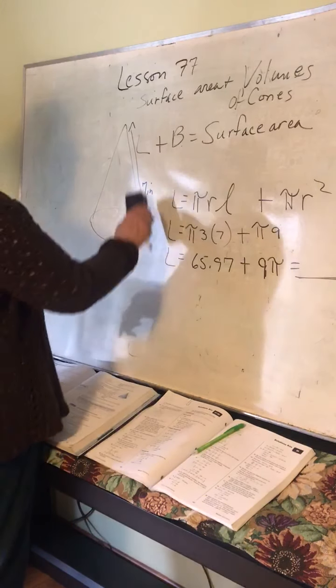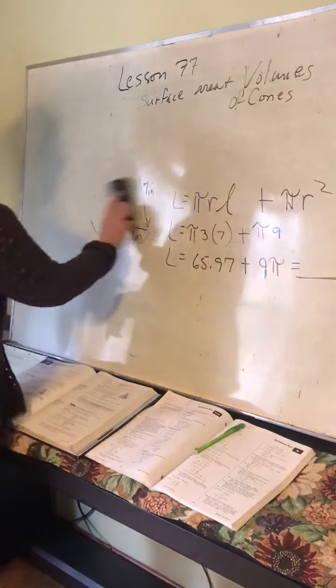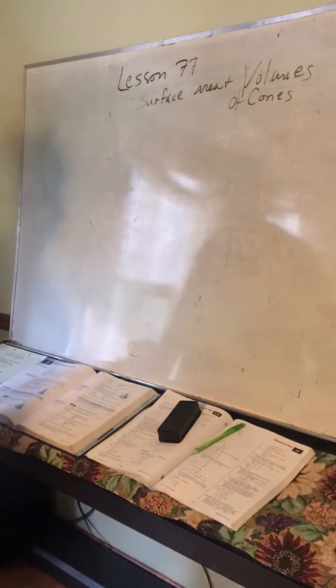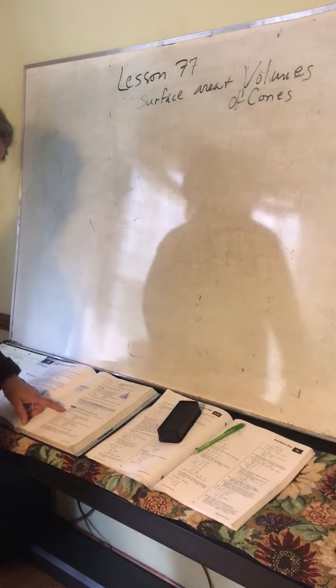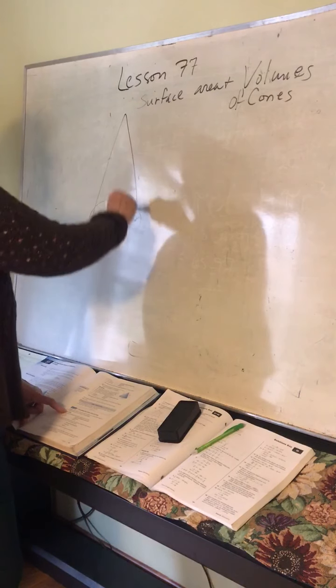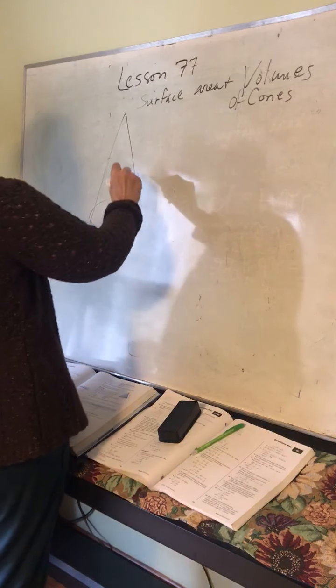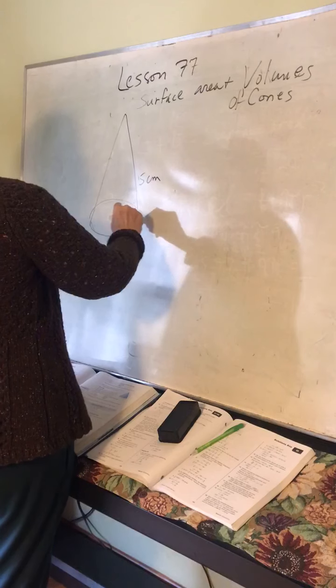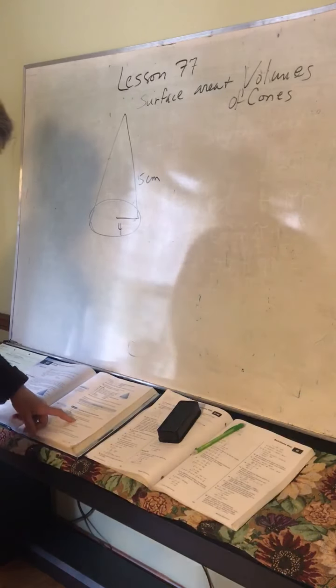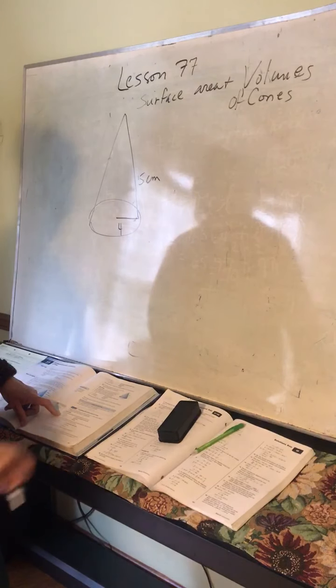Okay, so let's do one calculating the surface area of a cone. We'll do one with some numbers here. Say we have a cone, and the slant height is 5 centimeters, and the radius is 4 centimeters. And we're going to do the lateral area.